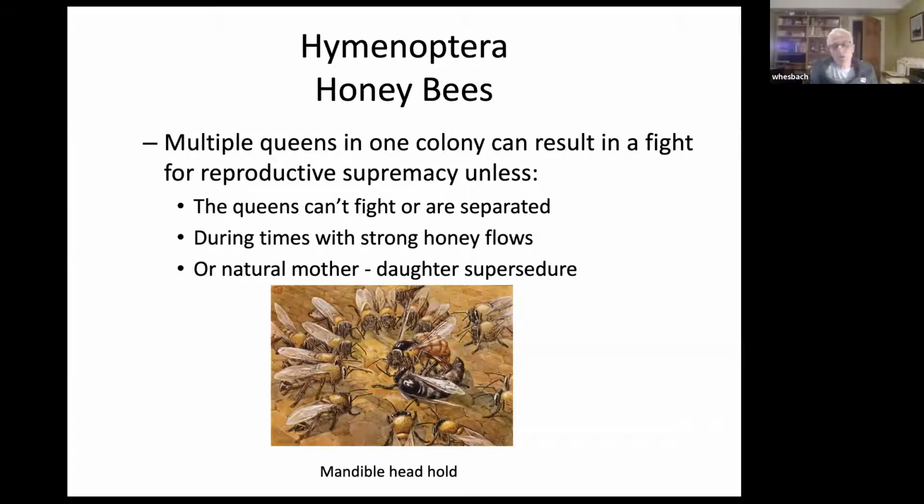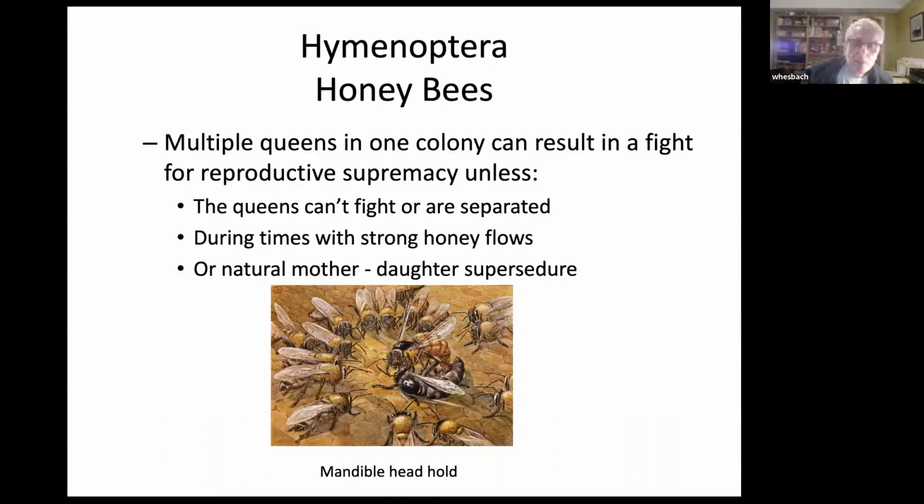A mated queen has a stiffer abdomen because she has larger ovaries that have been developed. And by the way, a virgin queen has a more potent venom than a laying queen, who is of course much older, and her venom sacs aren't as potent as a virgin queen's.